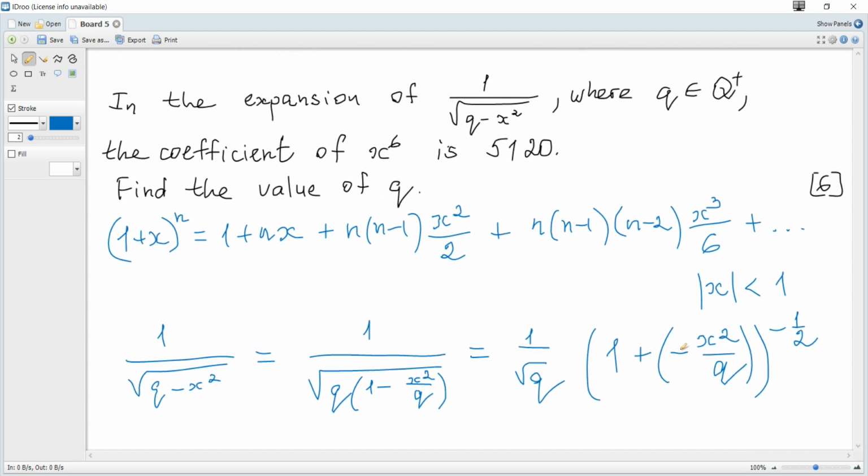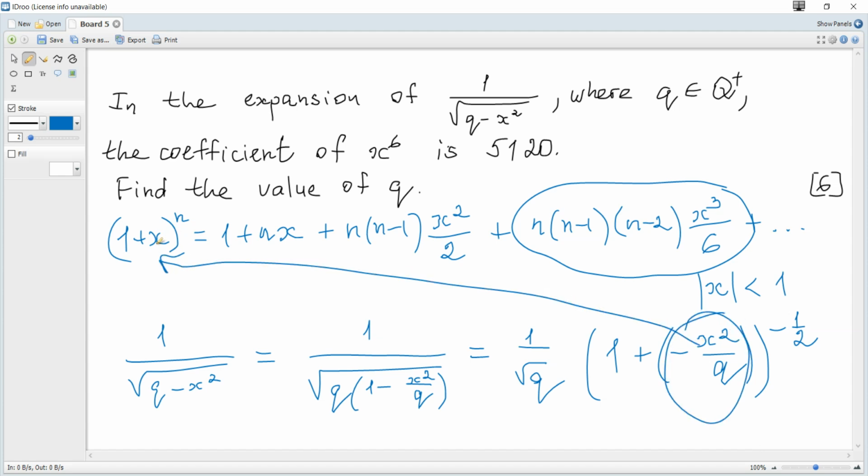It's not necessary to write all terms up to x to the power of 6. We can consider only the term corresponding to x to the power of 6, or just the coefficient. You can see that the x in this formula is x squared, so when this is cubed, you get x to the power of 6.